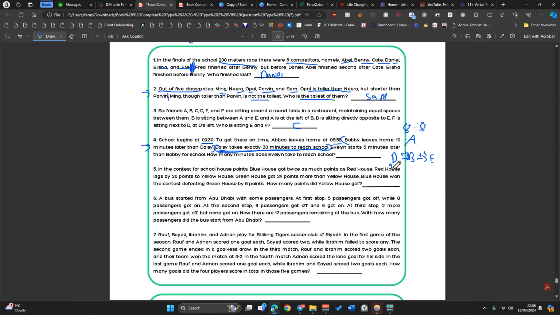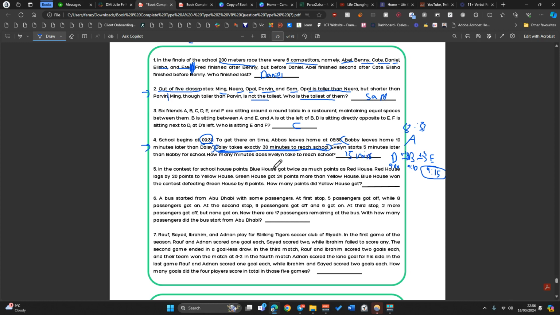So if this is 9 o'clock, because it takes her 30 minutes to get there, and she's leaving at 9, Bobby is leaving at 9:10 because he's leaving 10 minutes later, and Evelyn is leaving 5 minutes later than Bobby, so that's going to be 9:15. And then you can figure out from there, if she's leaving at 9:15 and school begins at 9:30, how long does it take her to reach school is 15 minutes.